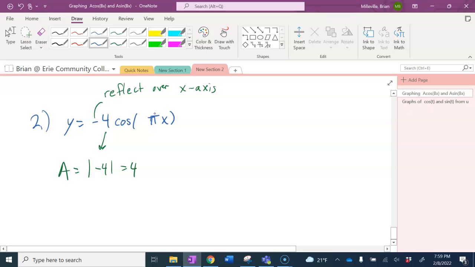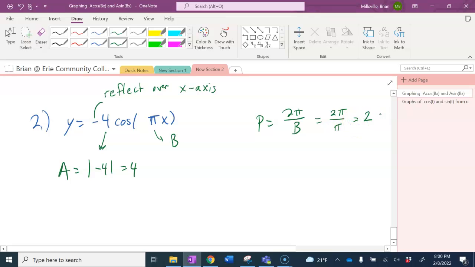All right, so we want to know what the period is next. So again, our number b in this case is pi, actually. All right, so when we write down the period, it's always according to this formula, 2 pi divided by b. Again, we just want to know when pi x in this case is equal to 2 pi, and solving that equation is equivalent to plugging in pi for b here, which simplifies just down to 2.